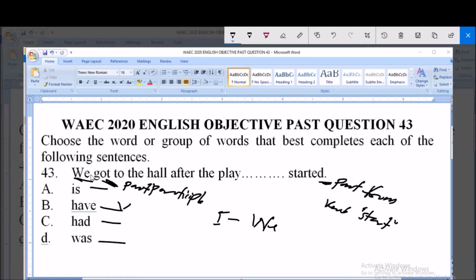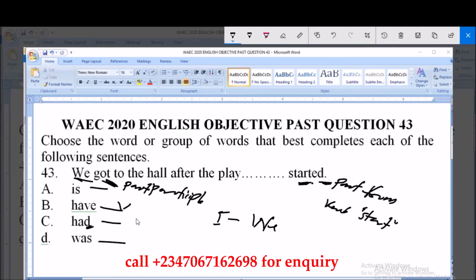It is best to say that we got to the hall after the play had started, because it is the word had here that qualifies the conclusive verb, which is started. Also take note that had is the past form of has.